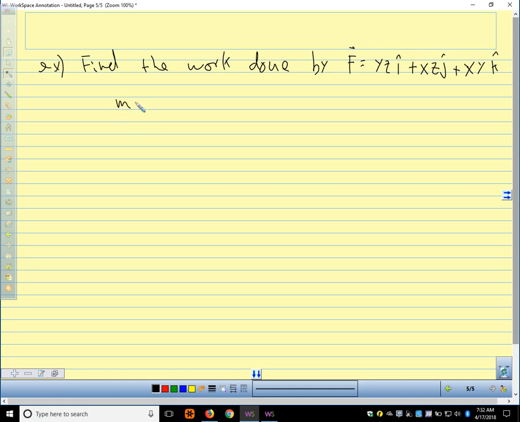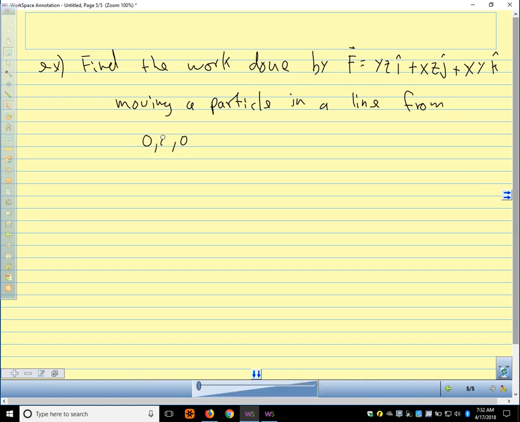And it's moving a particle in a line from the point 0, 0, 0 to 5, 3, 2.